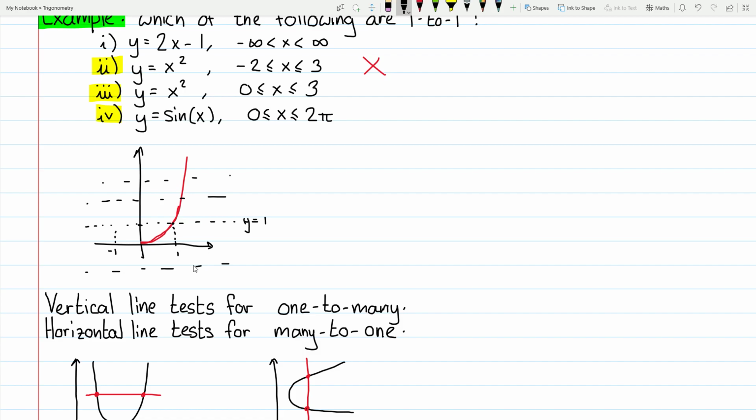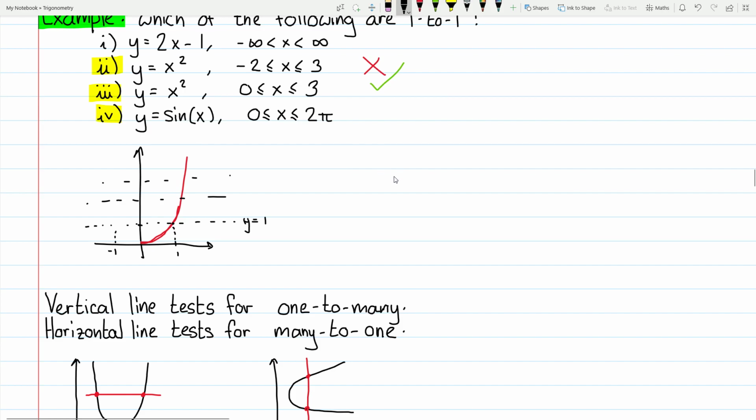In fact, if we pick our horizontal line to be y equals negative 1, this isn't in the range, the output of this function. So if you draw horizontal lines strictly when they're in the range, the outputs, then it will intersect the curve once and only once. And so here, tick.